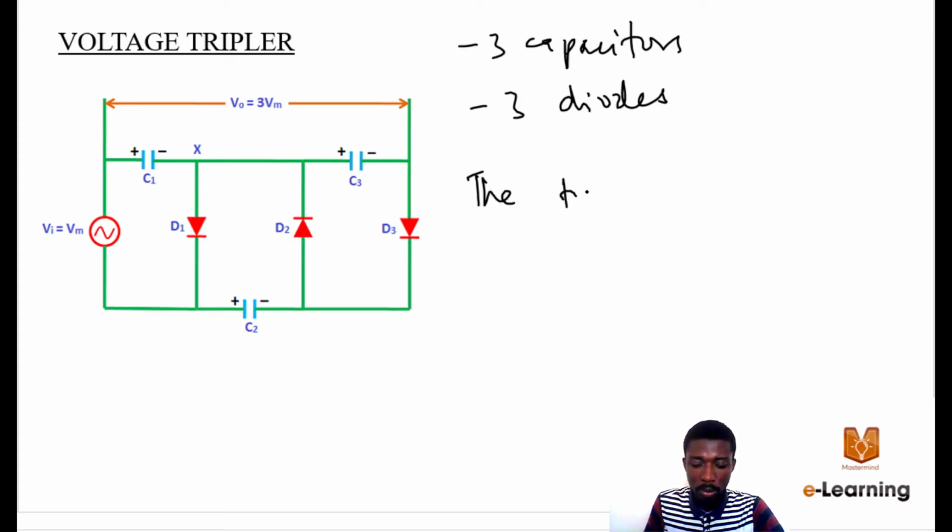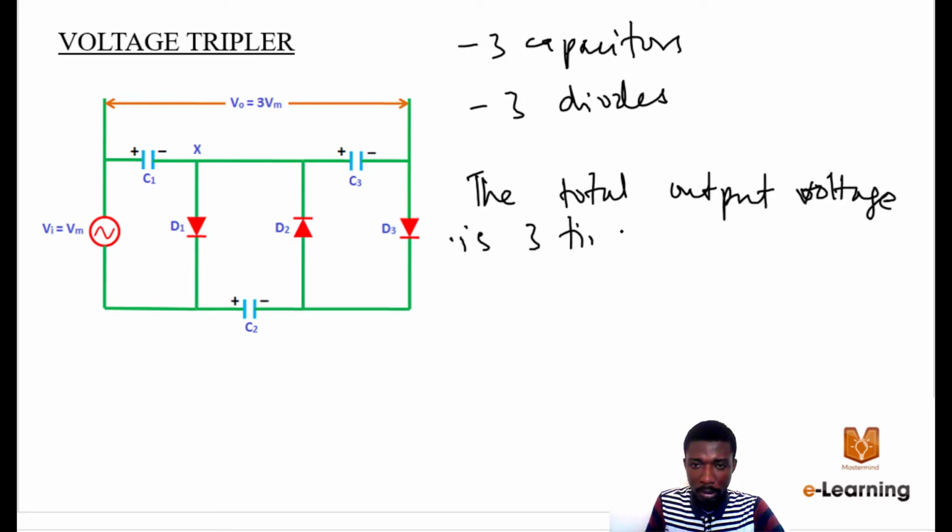So the total output voltage is 3 times more than the applied input voltage.